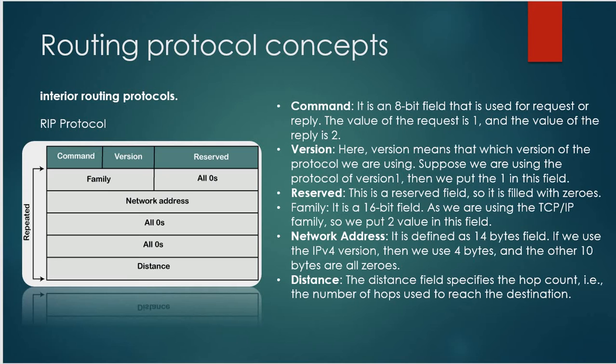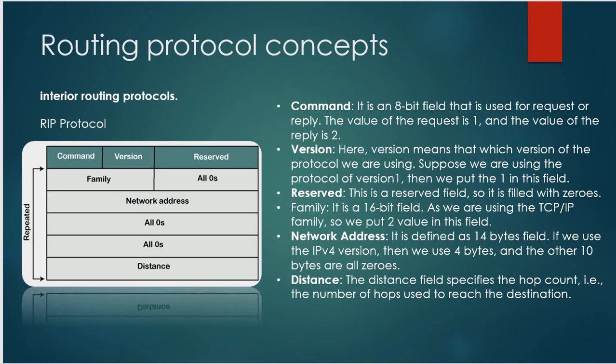So if the packet starts from the first router, goes to the intermediate router, then is forwarded to the neighboring routers and so on, and it passes through 5 routers and reaches the destination, then the hop count is 5.